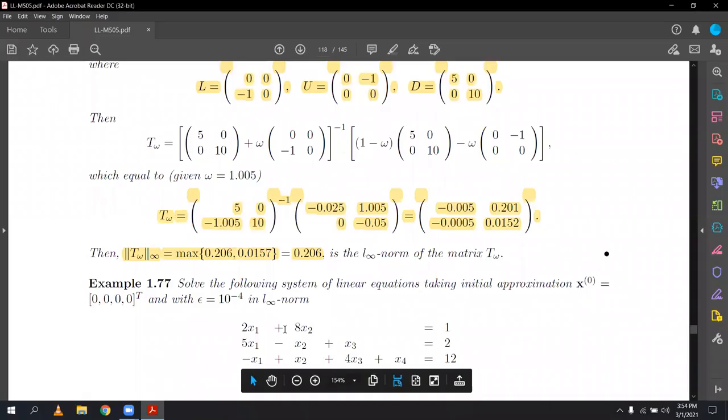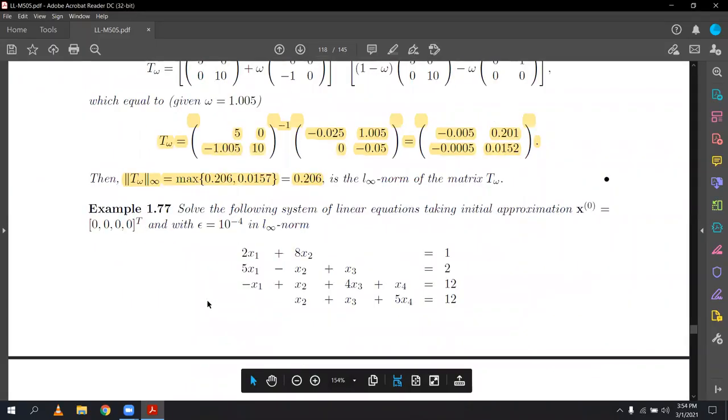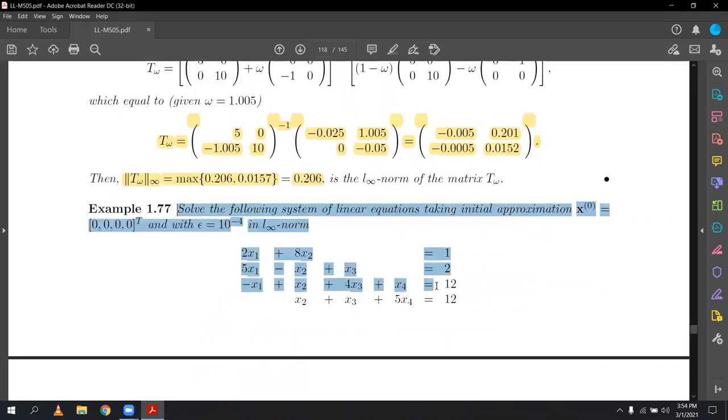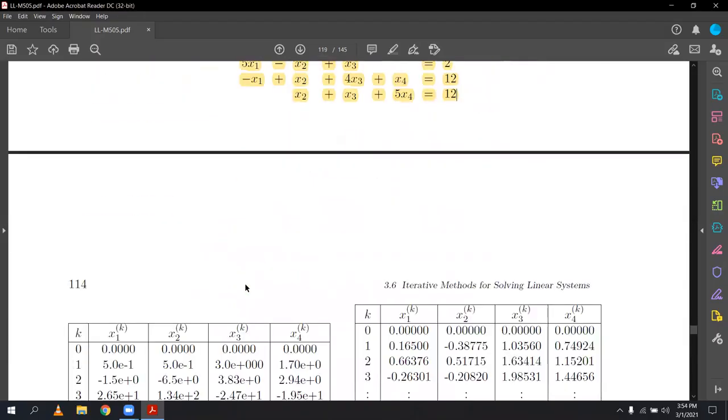Now let's use an example here. I say, solve this system using accuracy 10 to the minus 4.